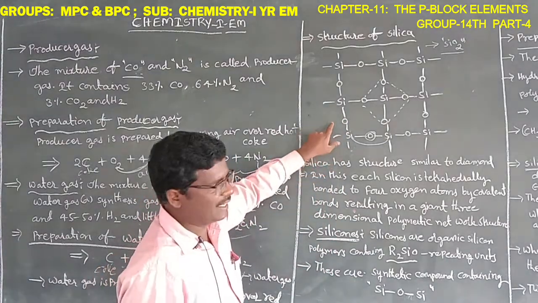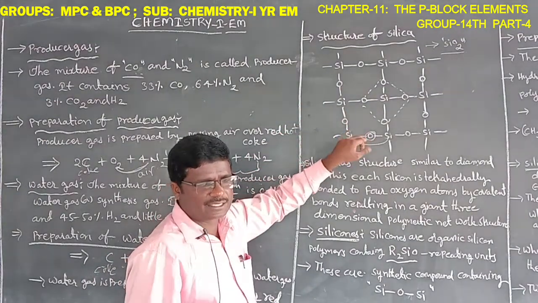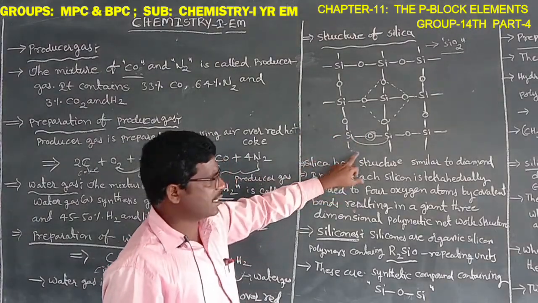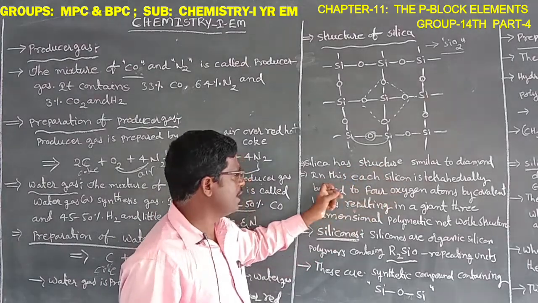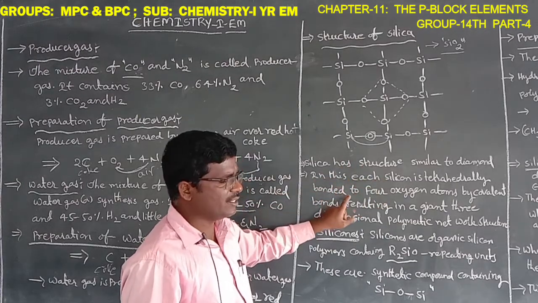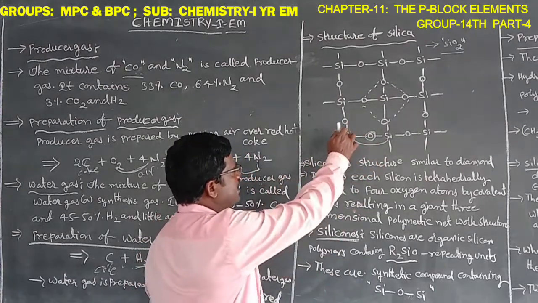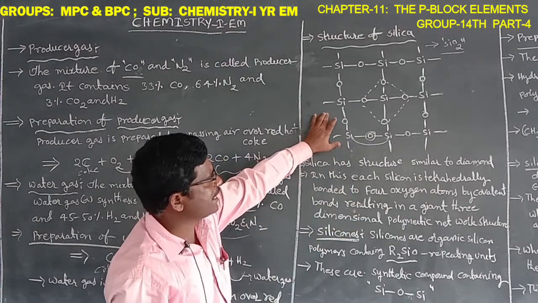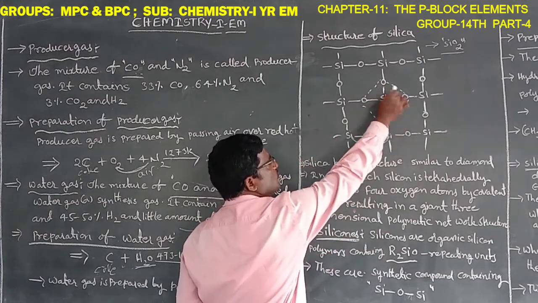Here is the structure of silica. The general formula is SiO2. SiO2 units exist in the silica structure. Silica has a structure similar to the diamond. In this, each silicon atom is tetrahedrally bonded to 4 oxygen atoms by covalent bonds, resulting in a 3-dimensional polymeric structure: 1, 2, 3, 4.